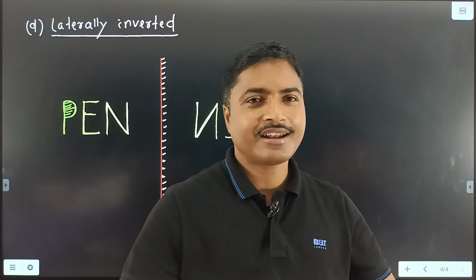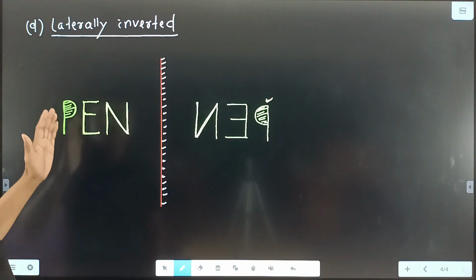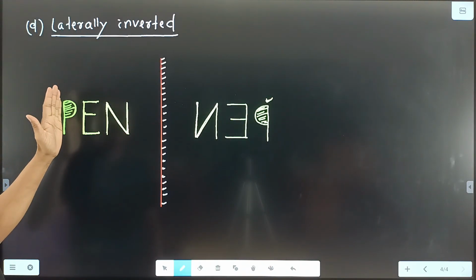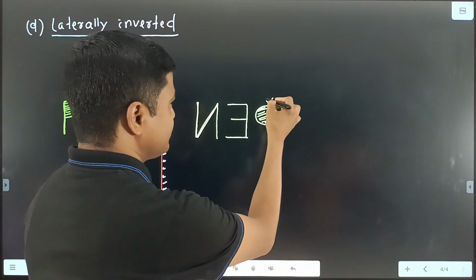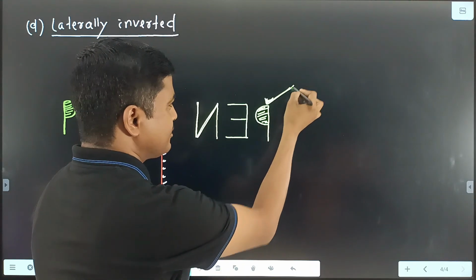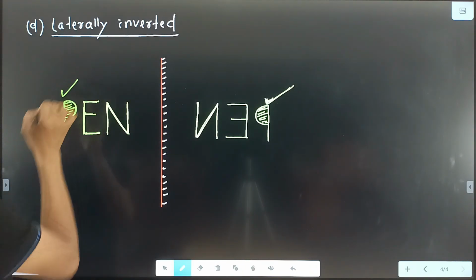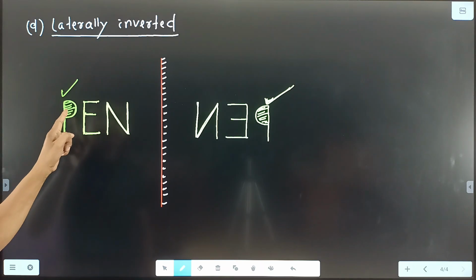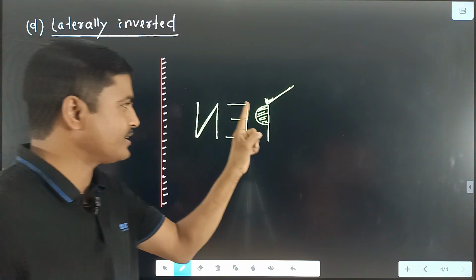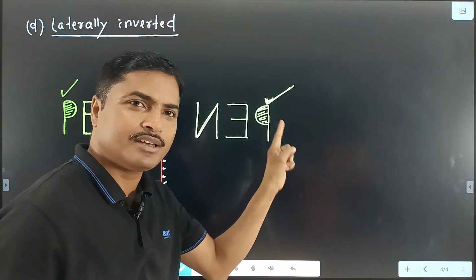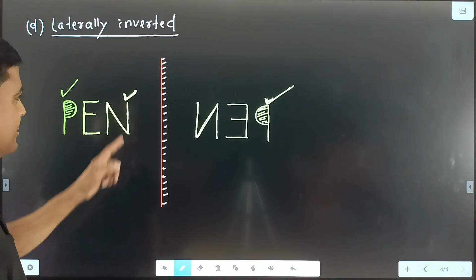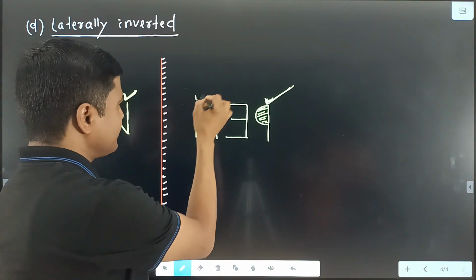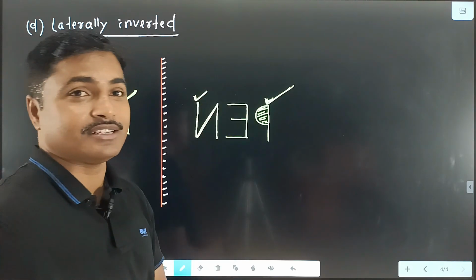Not inverted means that is erect, but laterally inverted. Clear? Laterally inverted means, suppose this is the left of the object, that is P, situated in the right of the image. This is the right of the image, and this is the left of the object. That means the left of the object is situated in the right of the image. Similarly, this one is the right of the object. The right of the object is situated in the left of the image.